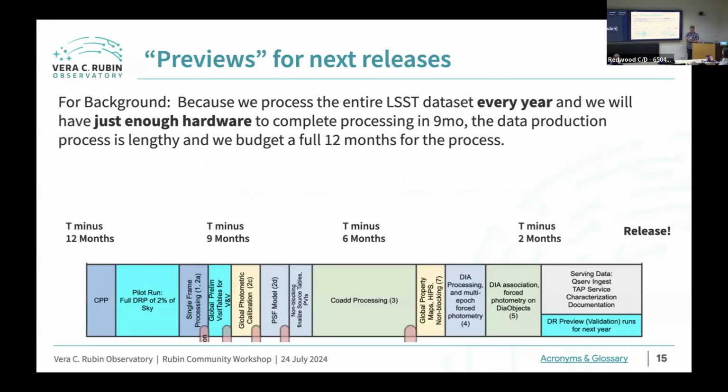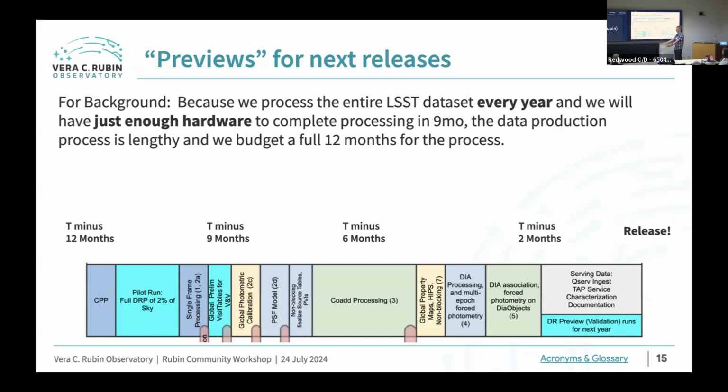In case anyone hasn't heard, we reprocess the entire data set every single year. So for every data release, all the visits that we've ever taken have to go through the process. And because we have a 1-year timeline for producing these data releases, that is the maximum length of time it can take.